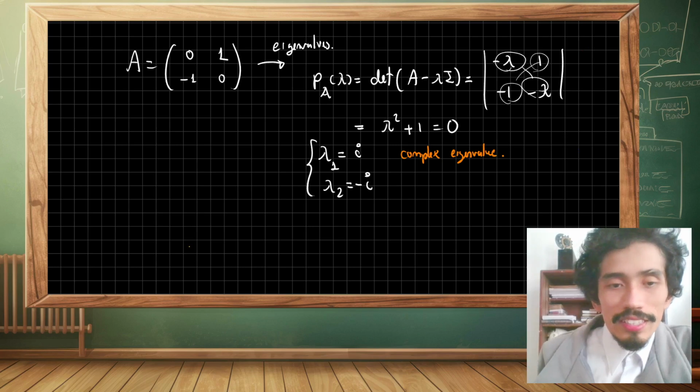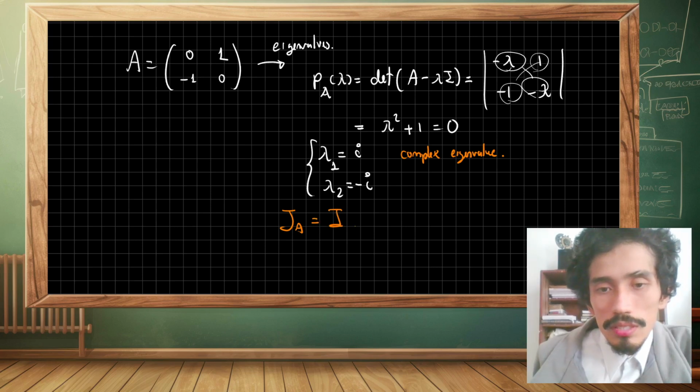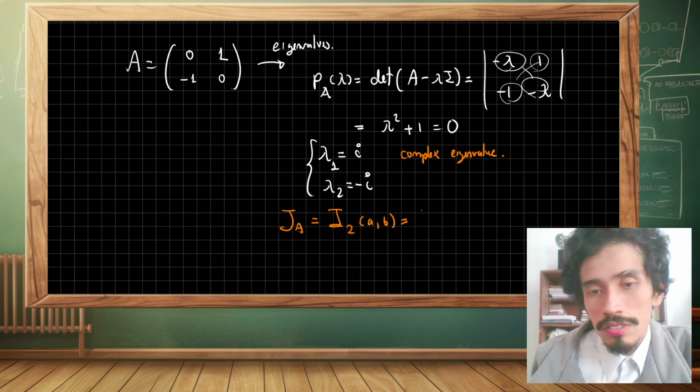In this case, the Jordan matrix will be equal to, this is a notation, and this is equal to [a, b; minus b, a].